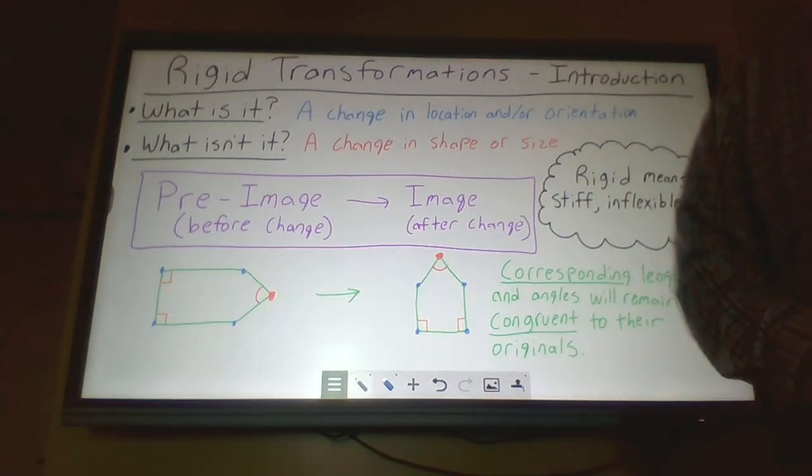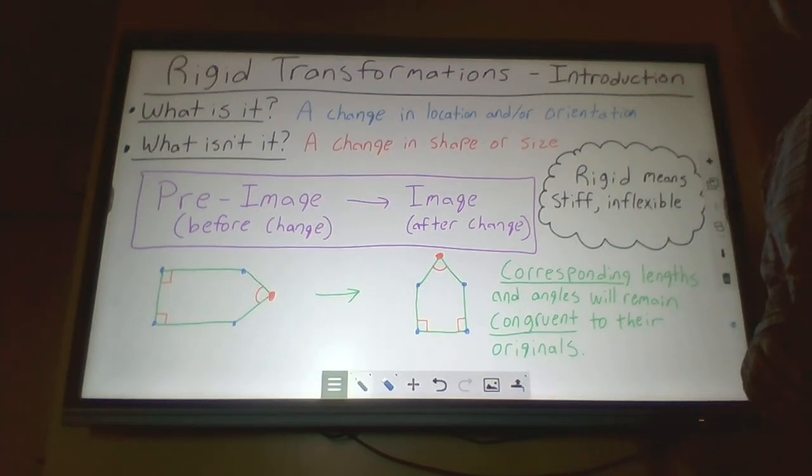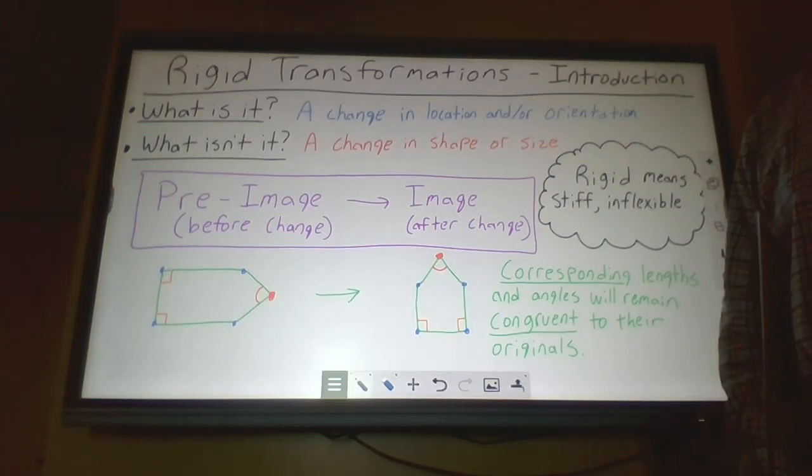So when we're talking about rigid transformations, the shape is not changing. The reason why this is important is because corresponding lengths and angles will remain congruent to their originals. Congruent means that it has equal measure.